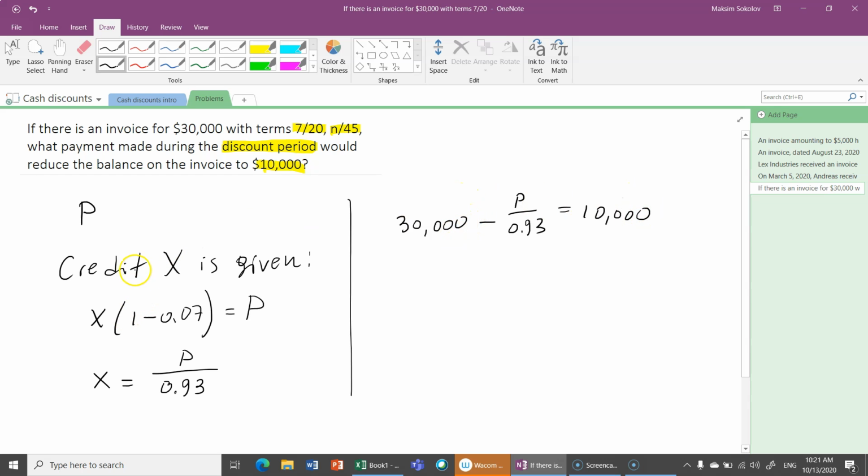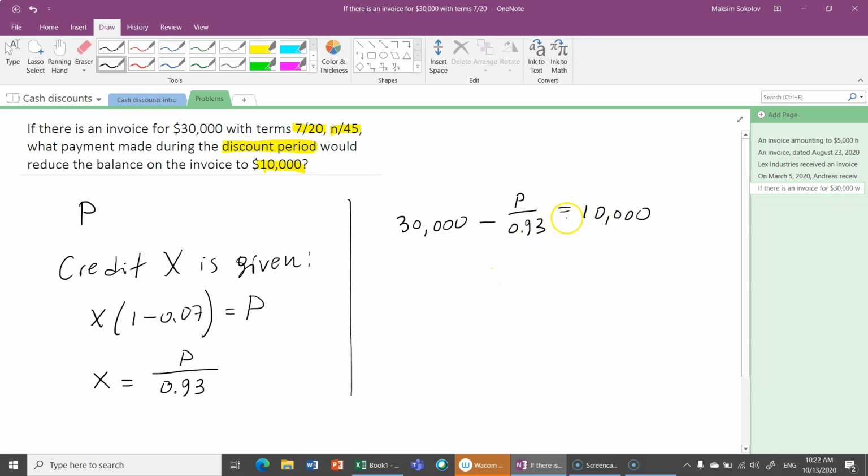So once again, because credit X is given for that payment P, that credit X is going to be P divided by 0.93. So that credit means that's the amount of the invoice that we already pay when we pay our payment P. And therefore, the total of the invoice is $30,000. We reduce that amount by the credit we are receiving, and we should be getting $10,000 as our balance.